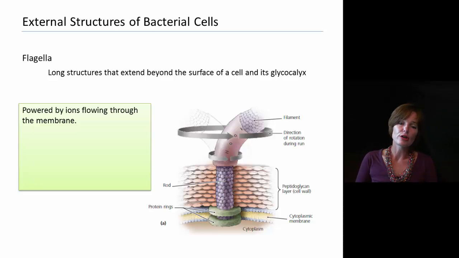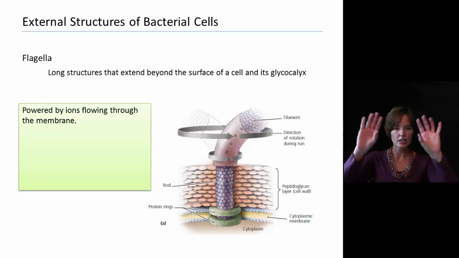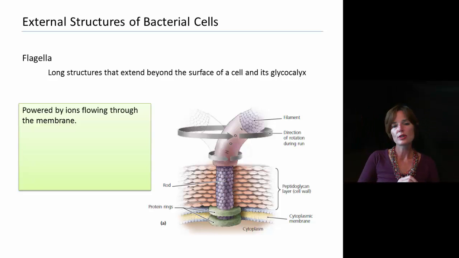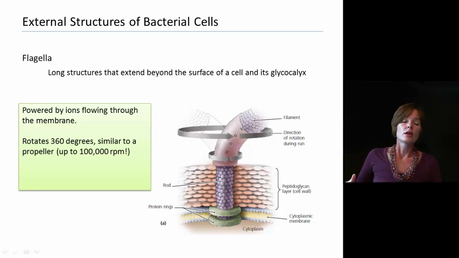Now, in general, if we're talking about how the flagella works, it's going to be powered by ions gushing out of the membrane. So this ion squirting or gushing out of the membrane will cause turning of this entire flagella. The flagella is going to rotate 360 degrees, similar to the way that a propeller would rotate.